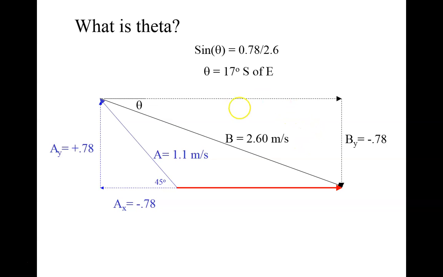I would use the sine of theta equals 0.78 over 2.6. Don't put the negative in your calculator. It's going to give you kind of wonky results. But I did make this negative because technically it is, because it's down. And so now I know theta equals 17 degrees, in this case south of east.